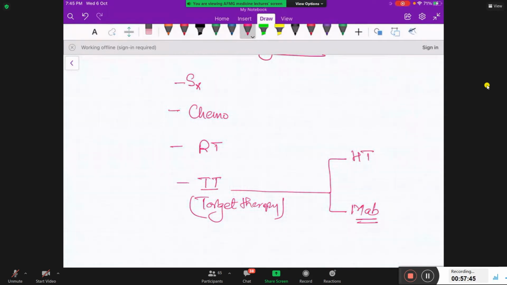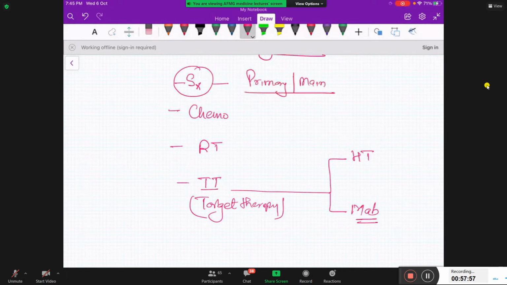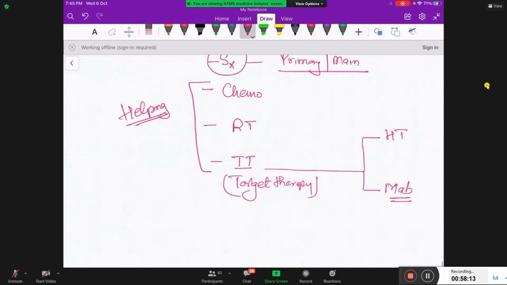Okay. Now, out of these various modalities, surgery is the primary or the main modality. All these are the helping modalities or adjunct modalities.